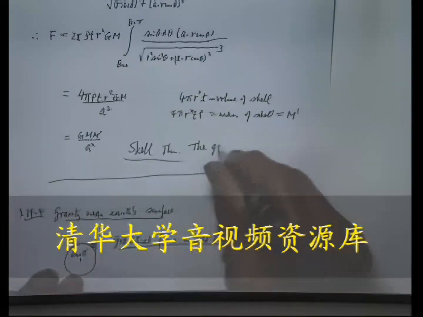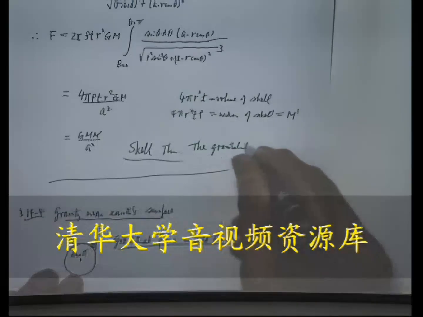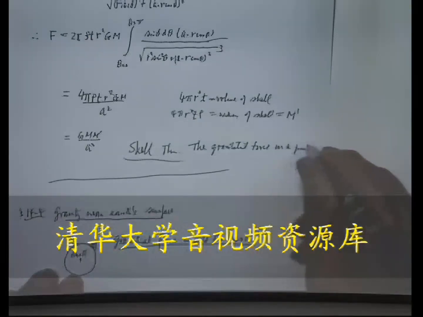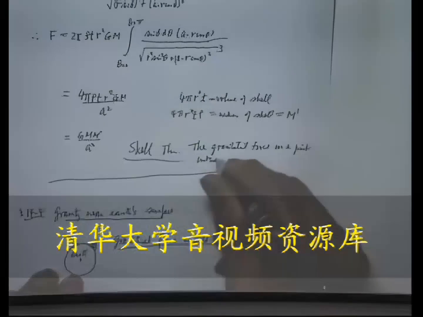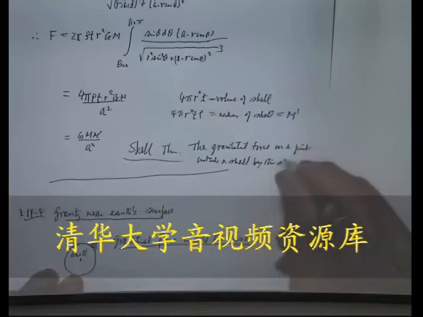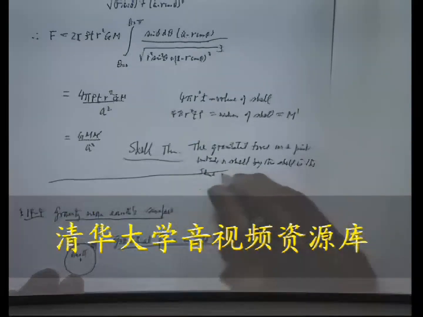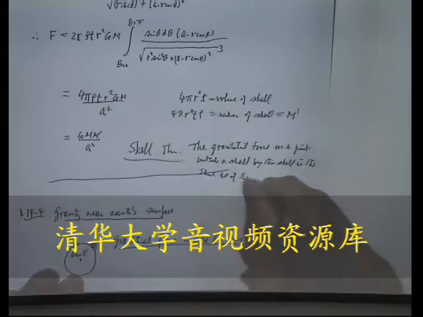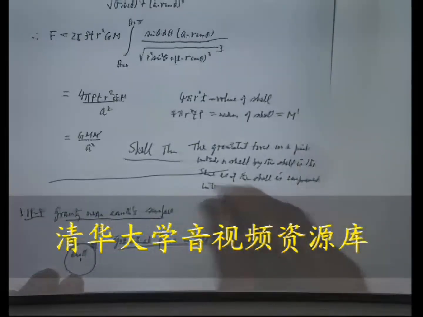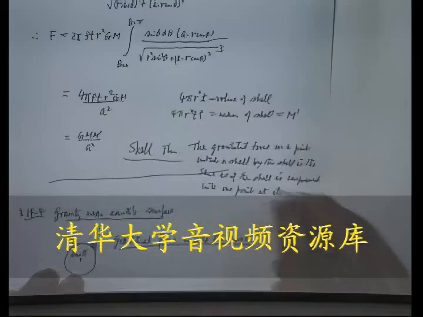The gravitational force on a particle, on a point outside a shell, by the shell, is the same as if the shell is compressed into one point at its center.